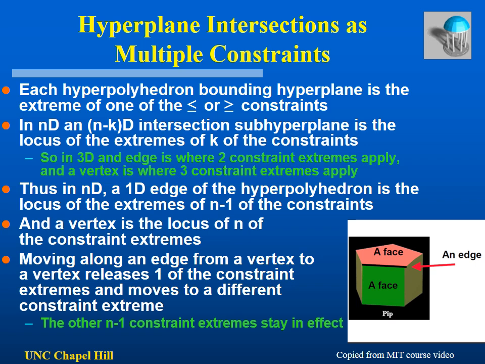Thus, when you move from one vertex to another vertex along a line, you have a situation, let's say at the left end of the line in the intersection, where n of the constraints apply. As you move along that line, the extreme of one of the constraints is released, and you are still within the constraint, the less than or equal or greater than or equal constraint, but no longer in the equal of that constraint. You're in the less than or greater than part.